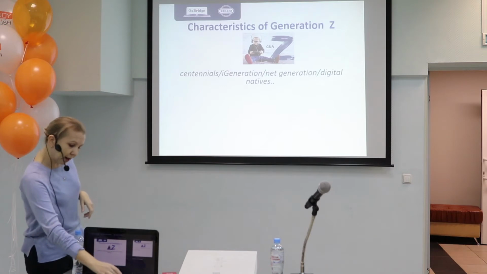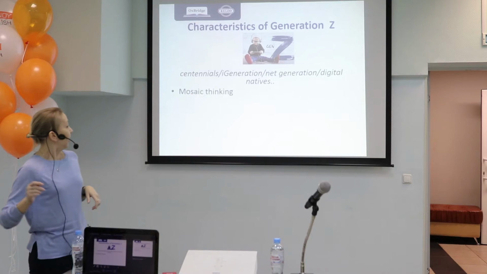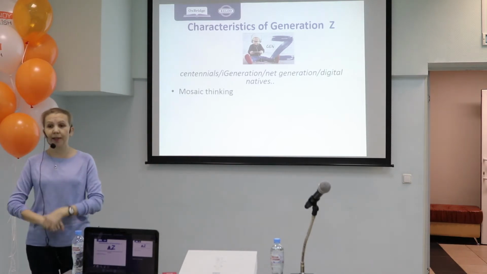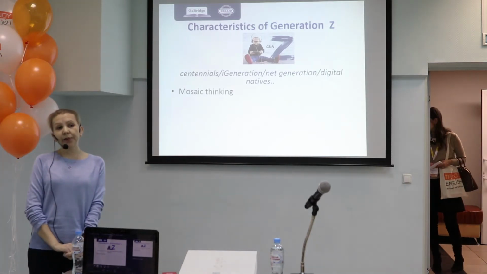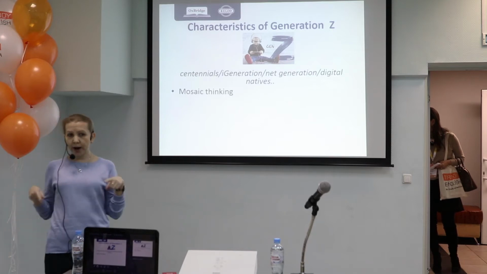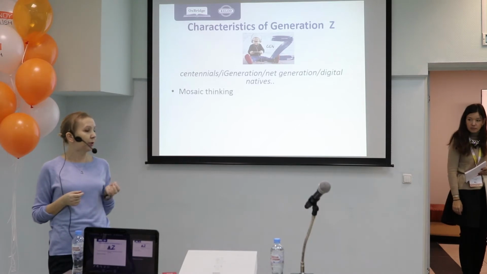And so what are the characteristic features? First of all, one of the characteristics is the so-called mosaic thinking. This refers to the way they perceive the world around them and perceive information. How do they perceive it?